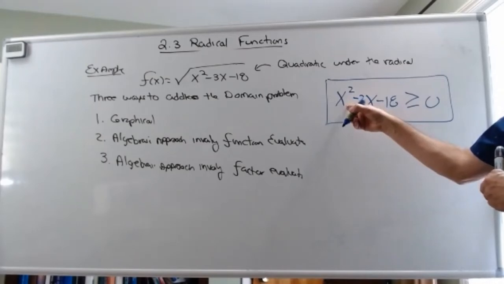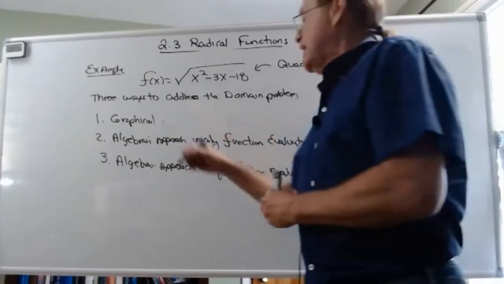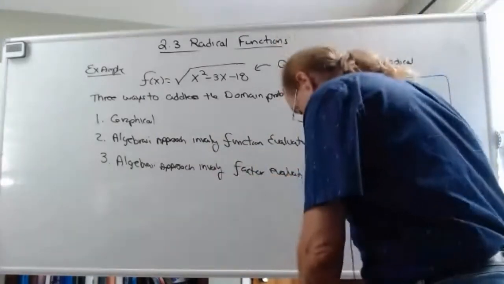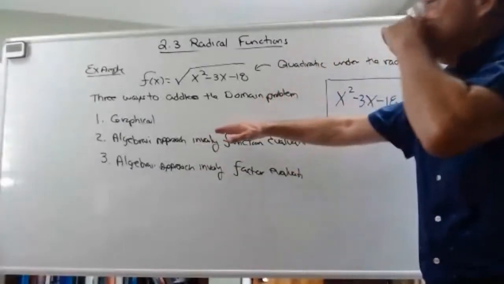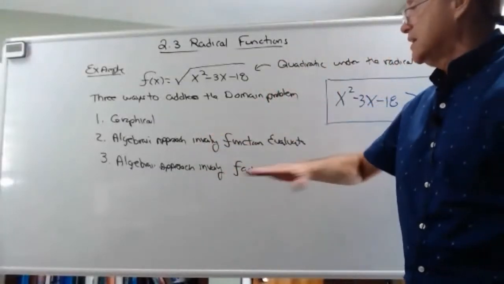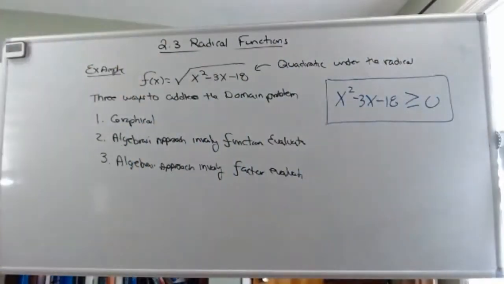So that's a parabola that opens up. Let's take a look at the graphical analysis of that and see if we can find the domain. Now, I want you to be able to master these other techniques, 1 and 3 definitely.